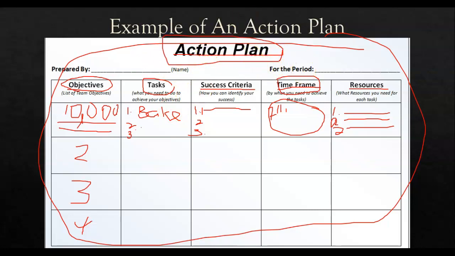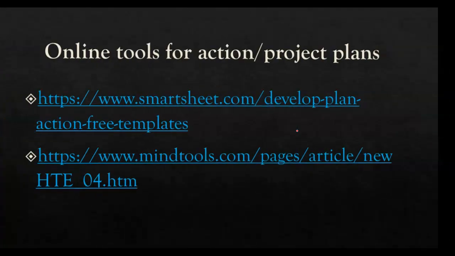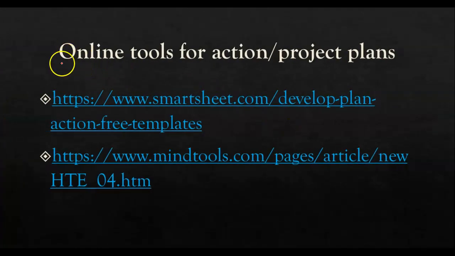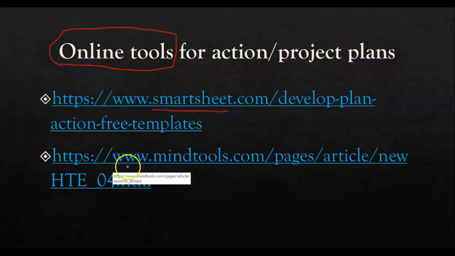If you are struggling on how to make an action plan, there are a lot of free resources online. You can go to Google and type in action plan, or say bakery action plan. You can go to Smartsheet, or you can use Mind Tools.